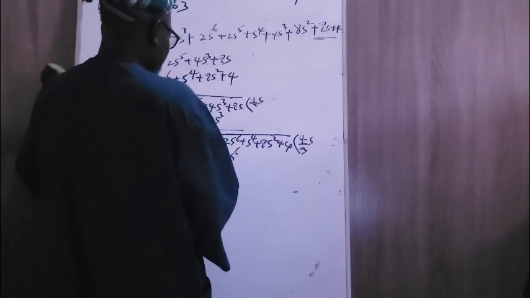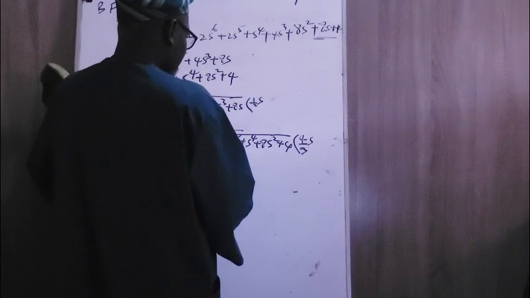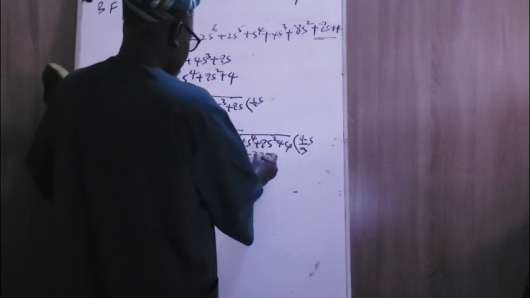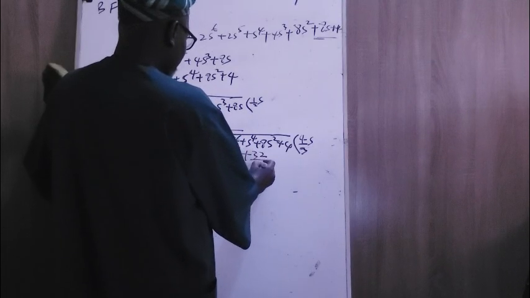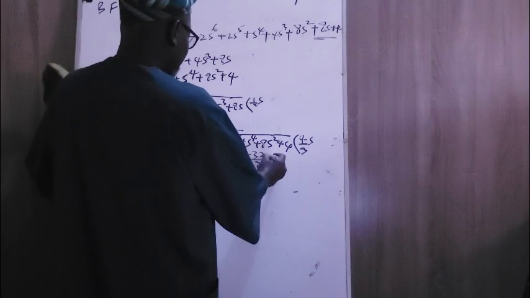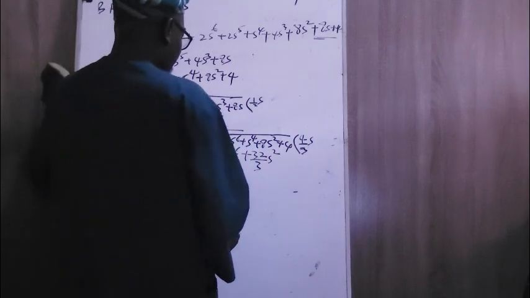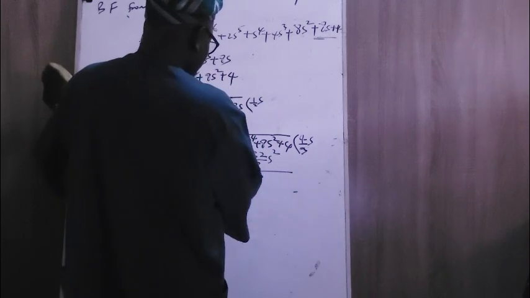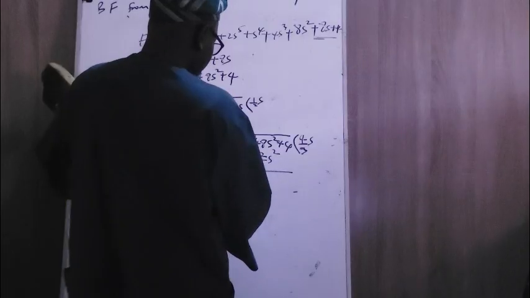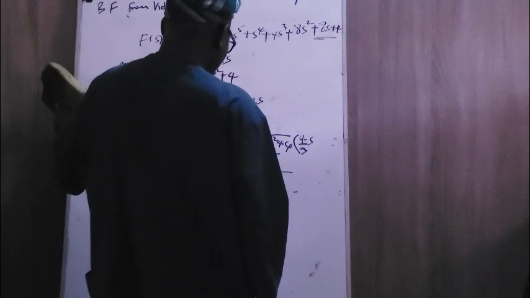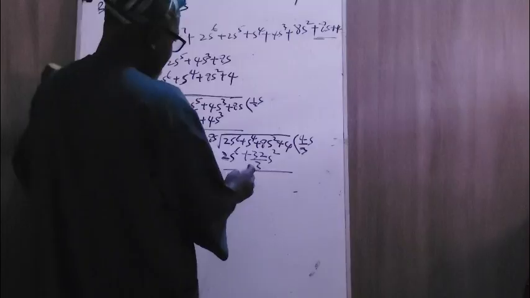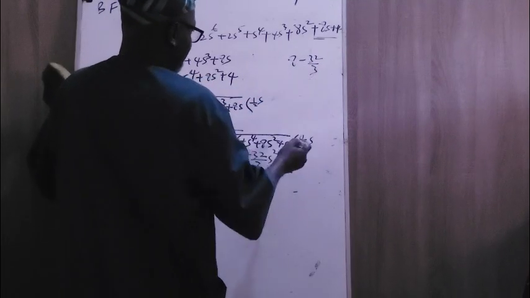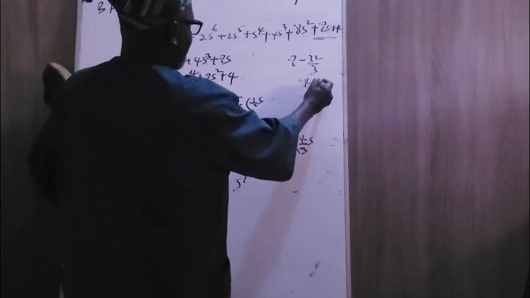4 over 3s times this will give us what? That will give us 32 over 3s^2. So if we minus this, we cancel this, we're going to have s^4. This will be like 8 minus 32 over 3. 3 times 8, that's 24 minus 32.